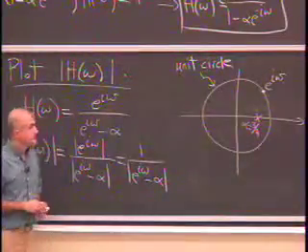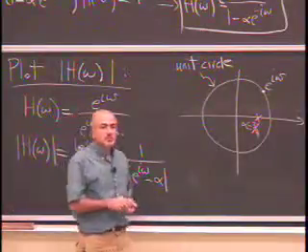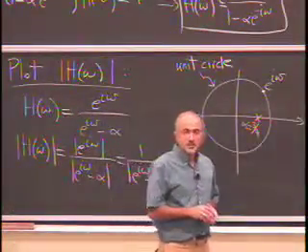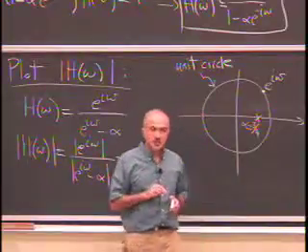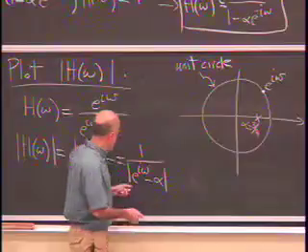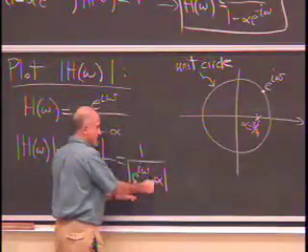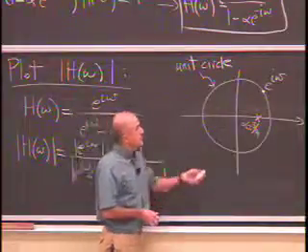Okay? Every complex number has a vector representation on the complex plane. We did this a while ago. So if you were to draw a vector corresponding to e to the I omega minus alpha, what would it be?